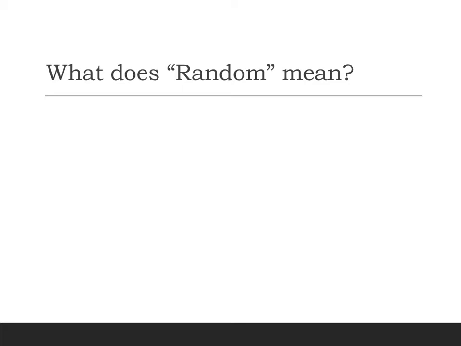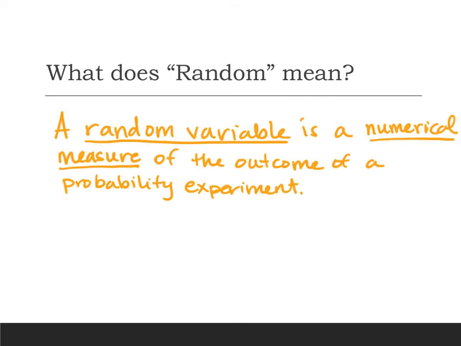That's a different situation. When we use the word random in statistics, what we're talking about is basically that there was some probability involved. And so our official textbook definition is that a random variable is a numerical measure of the outcome of a probability experiment.